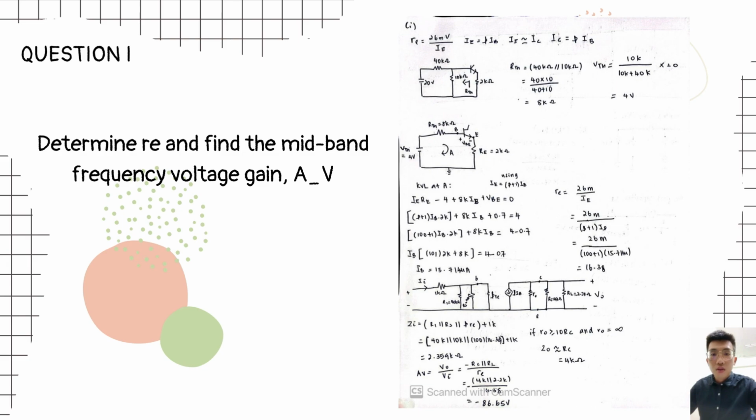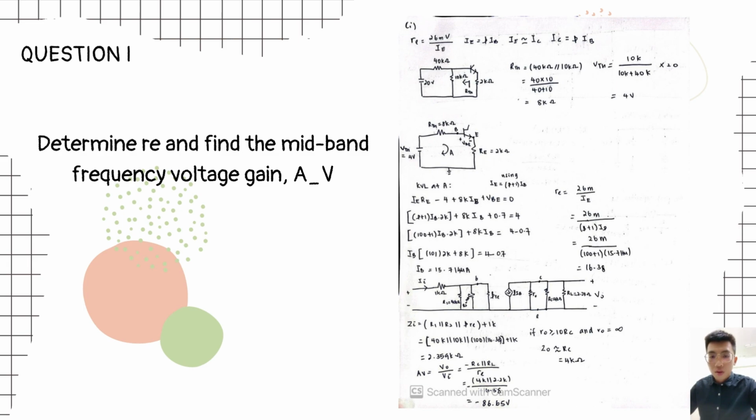After that, we can find the RE value. RE equal to 26 mV over IE. Then we can find the value of RE is 16.38. After that, we separate the circuit to make it easy to calculate and simulate. So we want to find the ZI value.